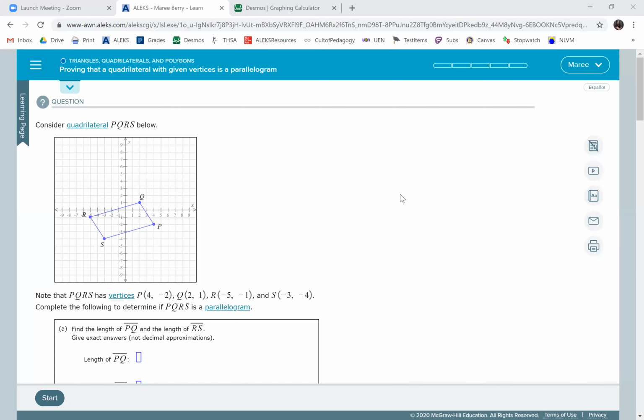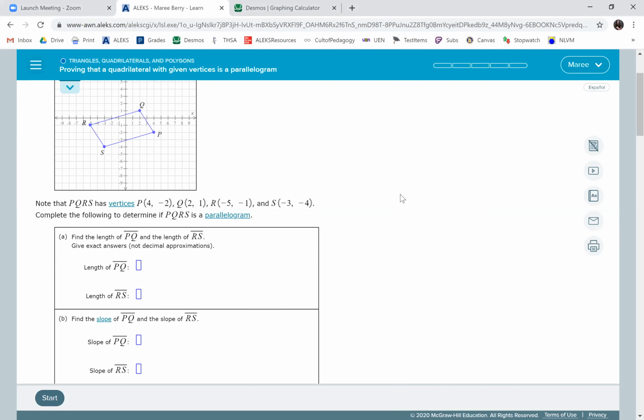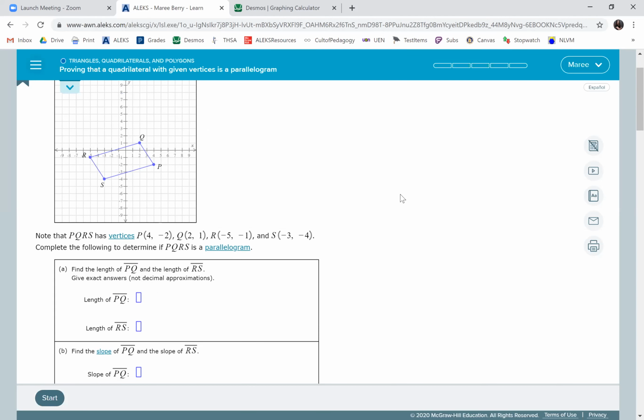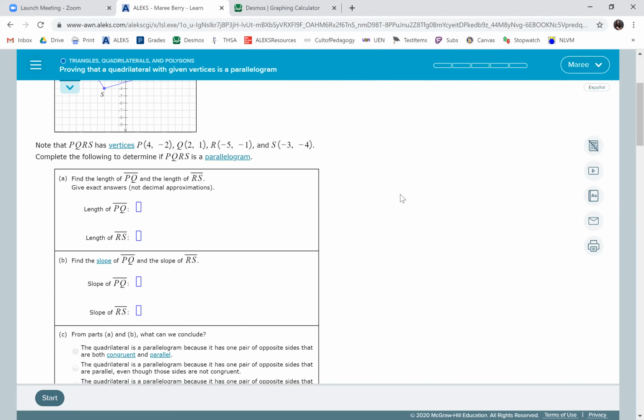In order for a quadrilateral to be a parallelogram, it has to have opposite sides congruent and opposite sides also parallel. So in this particular topic, we're going to have to find the length of sides, and we're also going to have to find the slopes of a couple sides, and then we can talk about if it's a parallelogram or not.